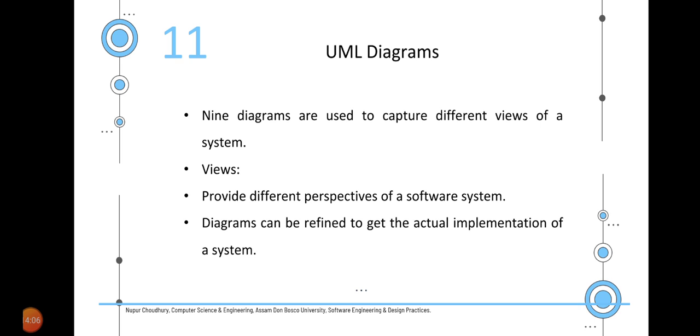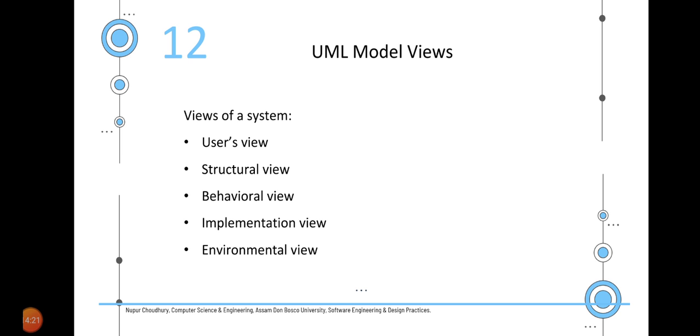There are several other environmental issues and engineering approaches associated with it, which are termed as views. These diagrams are refined to get the actual implementation of the system based on various views.